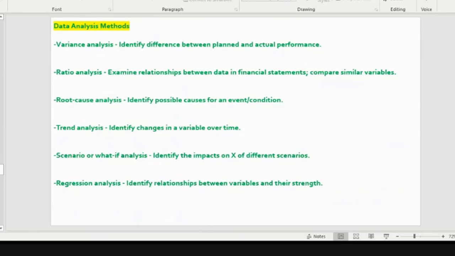Root cause analysis identifies the possible causes for an event or condition. The trend analysis identifies changes in a variable over time. And the scenario or what-if analysis identifies the impact on X of different scenarios. Regression analysis identifies relationships between variables and their strength.